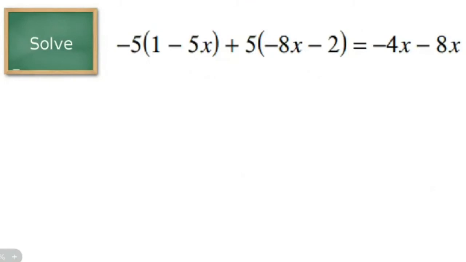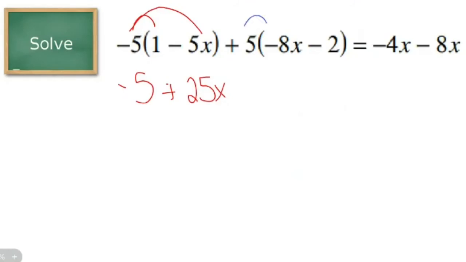So I'm going to distribute. -5 times +1 is -5. Be very careful. -5 times -5x is +25x. You're distributing the -5 to both things.